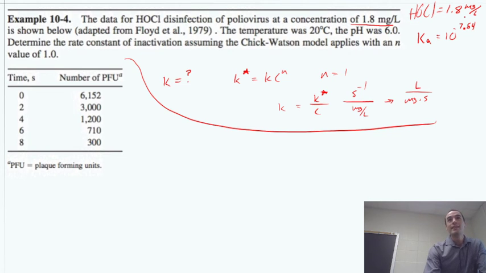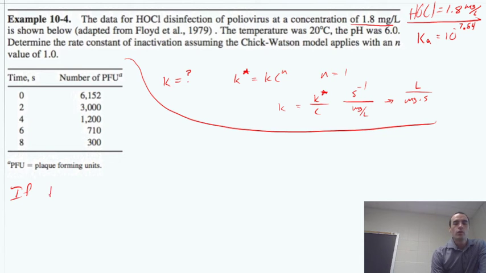So what I intended to tell you with that is none of this Ka stuff really matters if we assume that the wording of the problem says there's 1.8 milligrams per liter of HOCl. If we know that, even though it's giving us this temperature and this other stuff, we don't care because we already know the ratio.